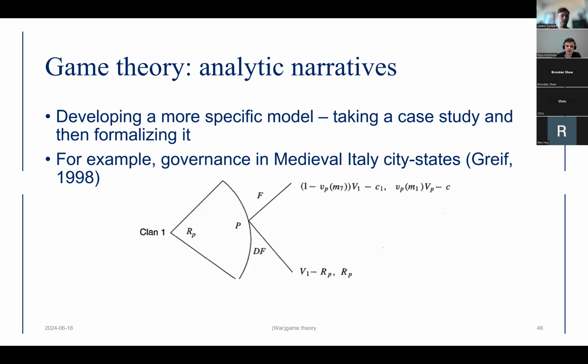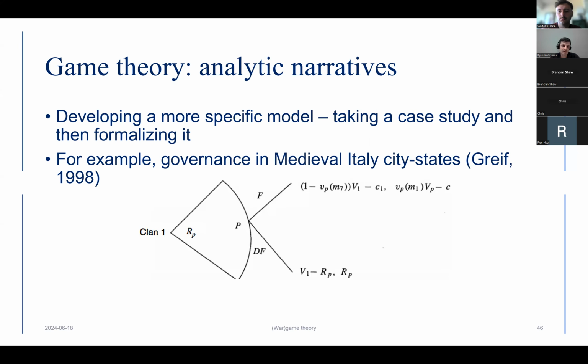So, for example, this model provides a continuous decision space, so not a discrete one where you have cooperate or defect as in our first example, but a more continuous decision space marked by RP, which basically reflects how much they offer to the governor to turn him on their side, who then can fight or not fight the clan one. So basically, just to illustrate, you have this decision space where from 0 to 100% of money from a clan can go to the governor.